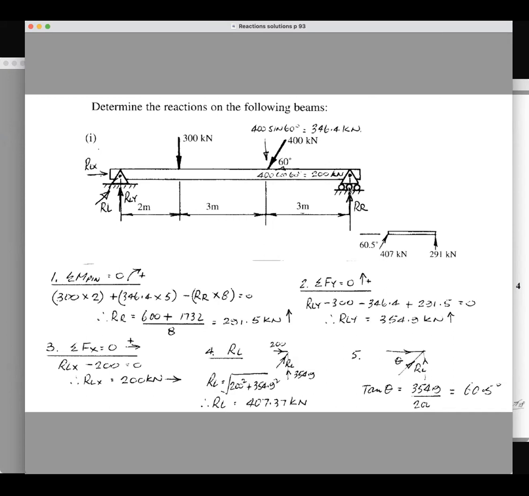To find the reactions, there are 5 steps that you'll have a look at here. The first thing that you do with any of these questions, in my opinion, is to put all of the forces on the reactions.